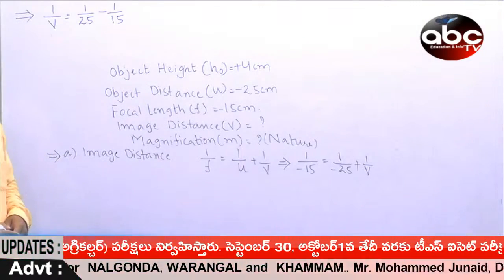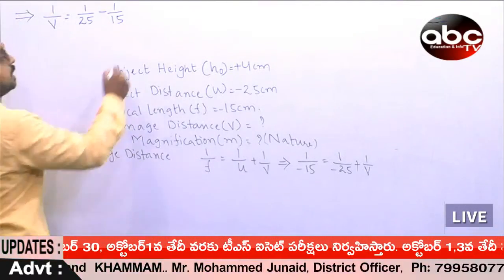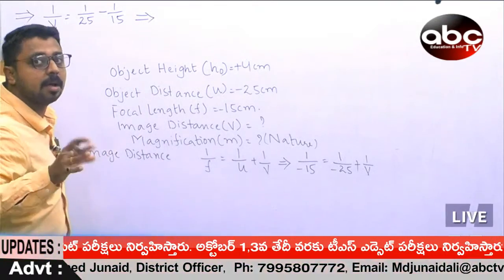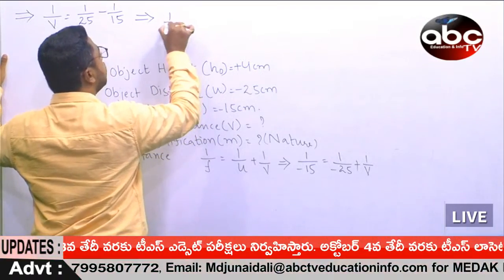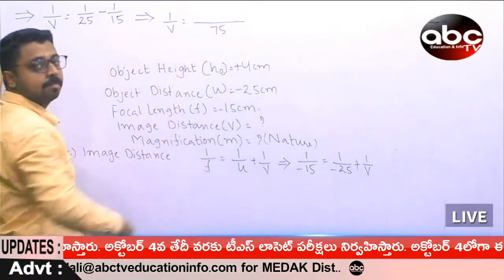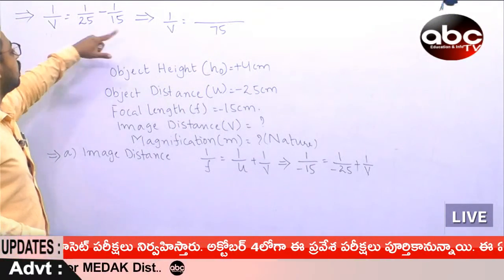So we take the LCM between 25 and 15, which is 75. Thus 1 by v is equal to, over 75. 25 fives are 15.